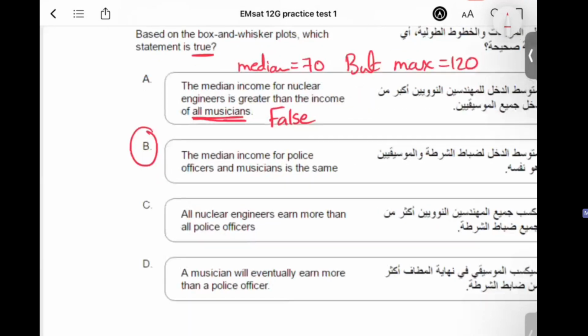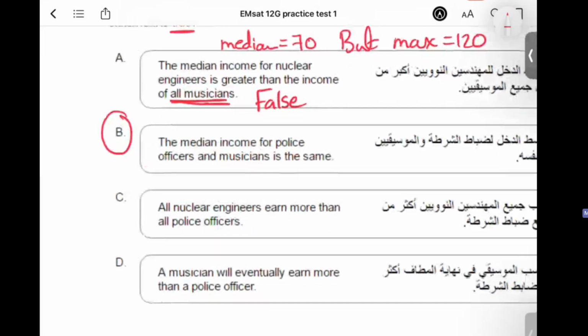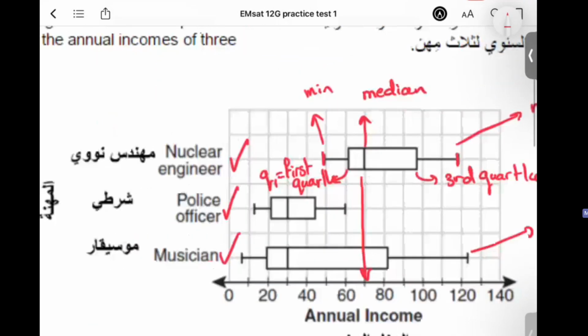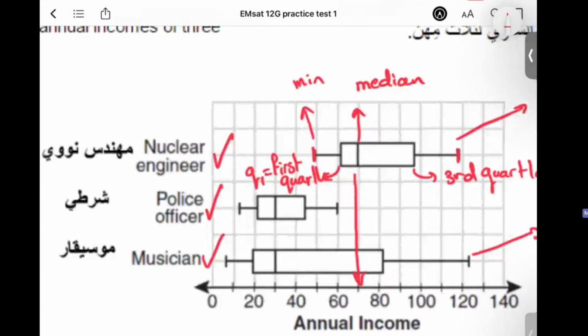Now let's go to C. He is saying all nuclear engineers are earning more than police officers. Let's go and compare with the police officer.